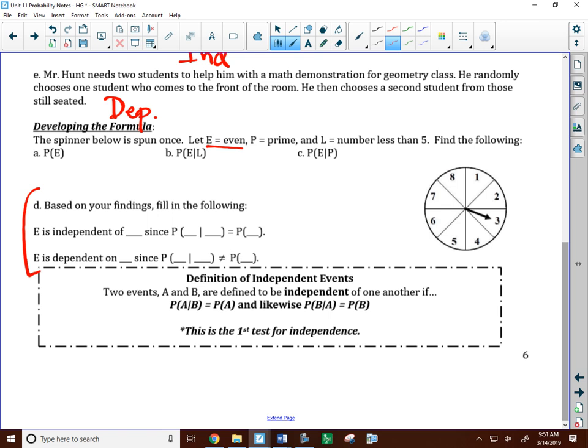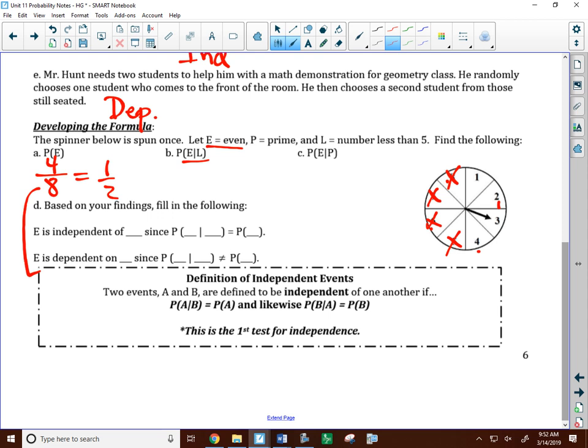All right, so probability of even. There are 4 even numbers up there out of a total of 8 numbers. So we have 4/8, reduce to 1/2. Now I've got 2 conditional probabilities for B and C. So this one, E given L. We're given it's a number less than 5, so I'm just going to cross off these temporarily.